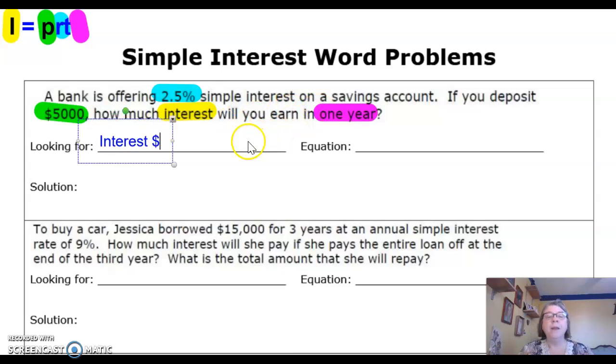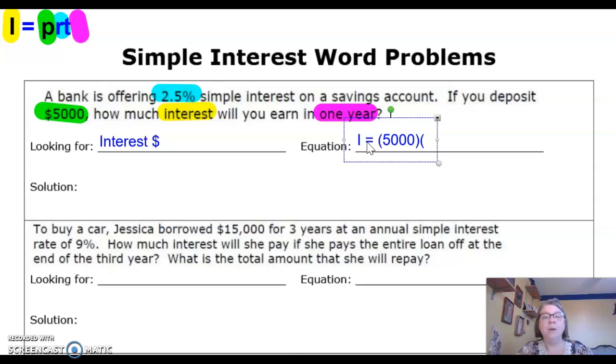All right, my equation is going to start over here. It's going to be interest, because I don't know what interest is, equals, and in parentheses, my principal, which is the money amount, times my rate. Now, my rate I have to fix, so I'm going to go down here and remember that I have to do 2.5.